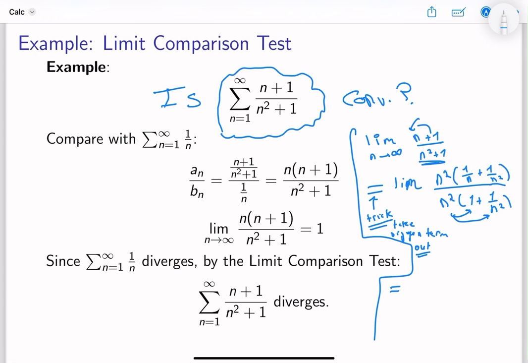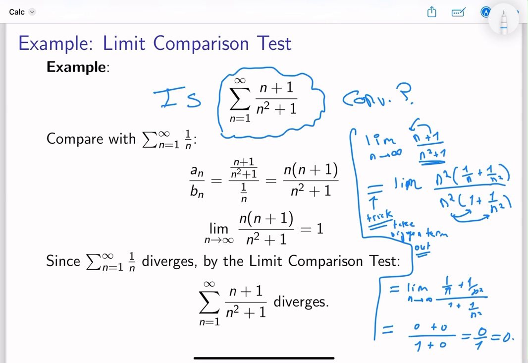And now you cancel the n squareds, and this is gonna be the limit of 1 over n plus 1 over n squared over 1 plus 1 over n squared as n tends to infinity. And you compute this limit, and you will see that this is gonna be the limit of 1 over n, which is 0, limit of 1 over n squared is also 0, over 1 plus the limit of 1 over n squared, which is 0, and thus this is 0 over 1, which is 0, right?